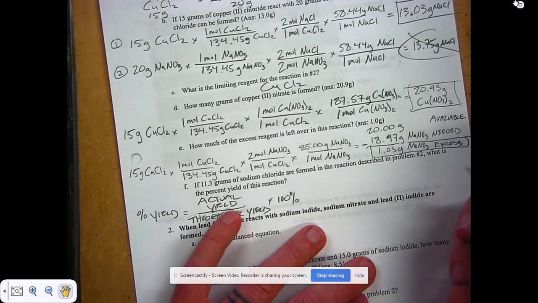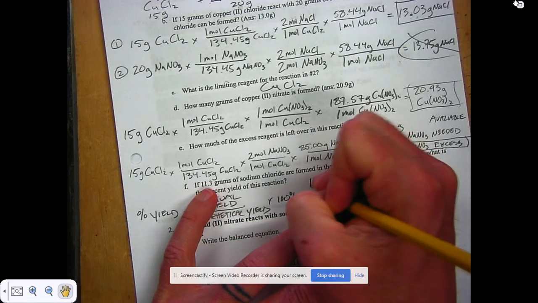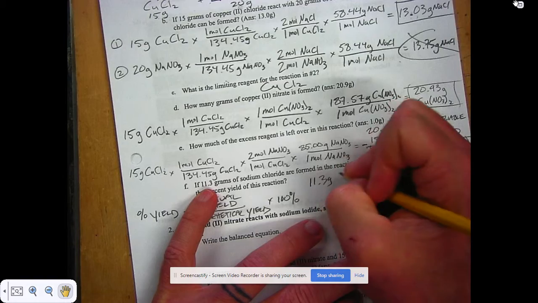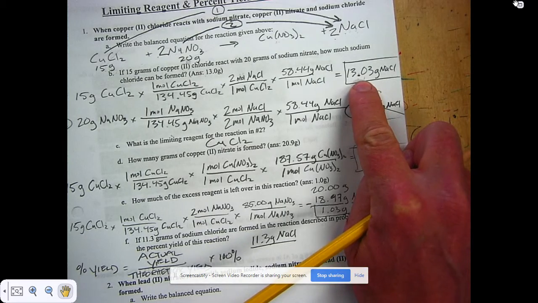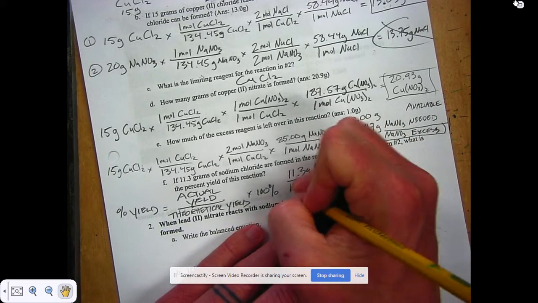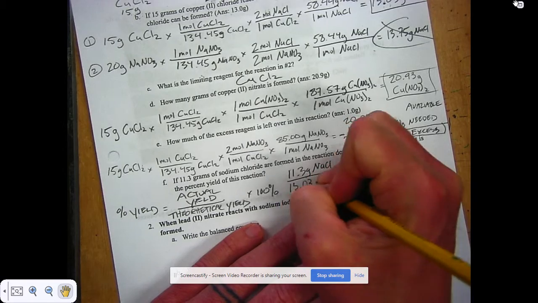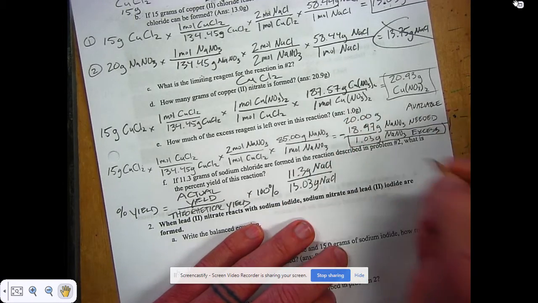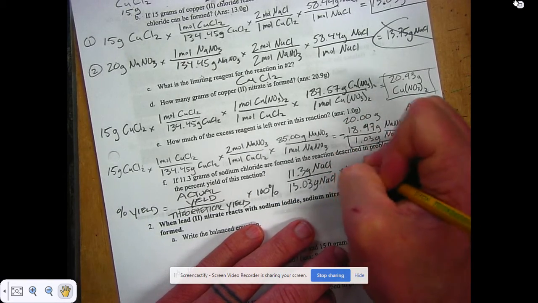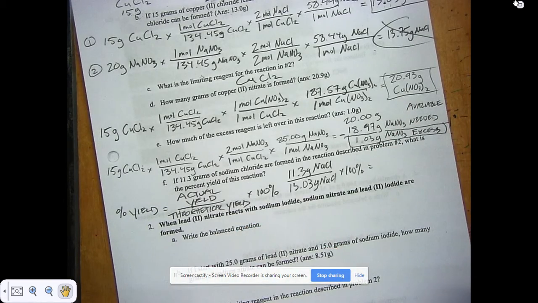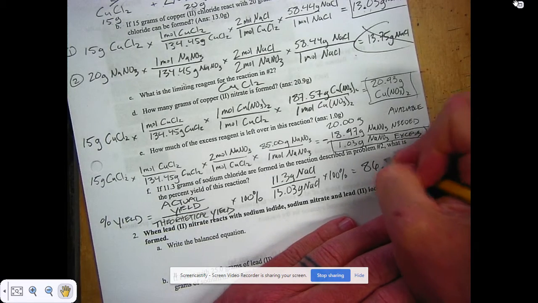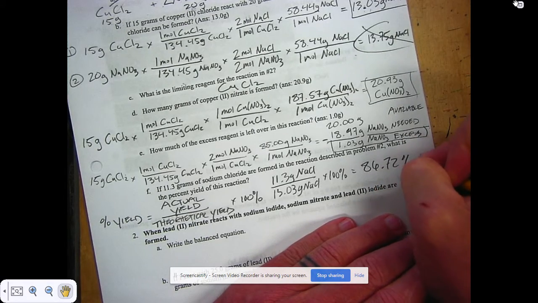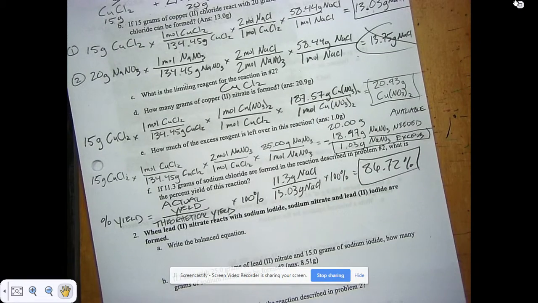So if we actually produced 11.3 grams of sodium chloride, but stoichiometry tells us we should have been able to produce 13.03 grams, then our percent yield would be 86.72%. That would be our percent yield.